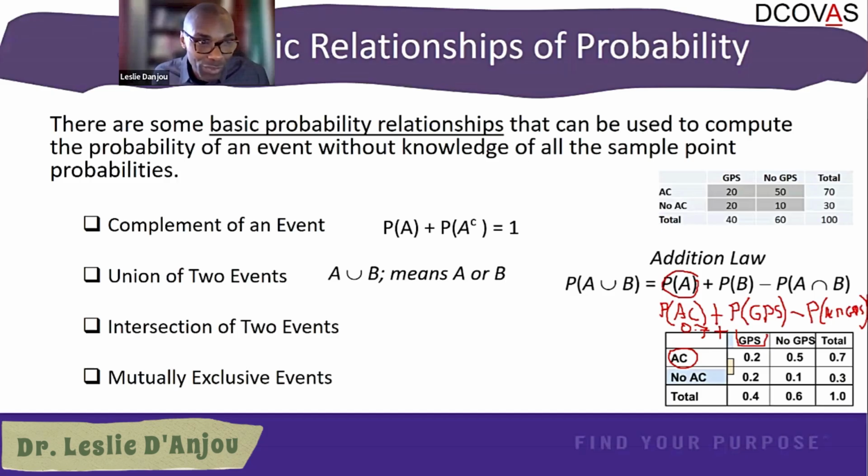Do you see how this is 0.4, minus where do they intersect? Where do they actually kiss? 0.2. And that is the probability of A in union with B. 0.7 plus 0.4, hopefully in your mind's eye, you're thinking 1.1, minus 0.2, which is 0.9. So all of this will be equal to 0.9.